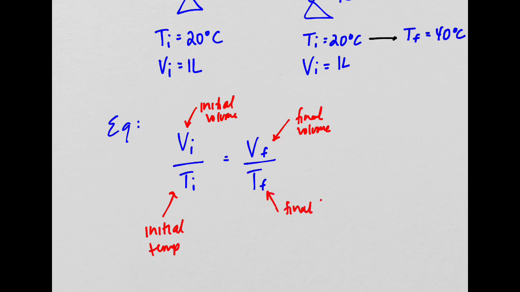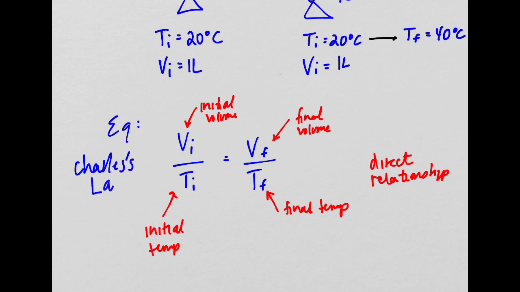All right. And remember, this is a direct relationship, not an inverse like the other one. So this is the second equation. This is Charles's law equation.